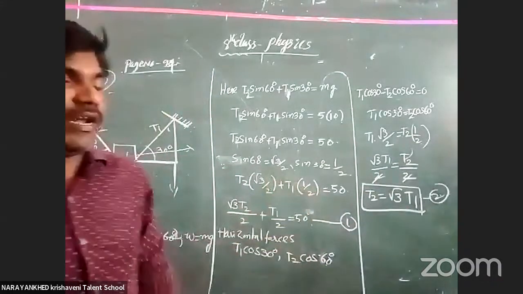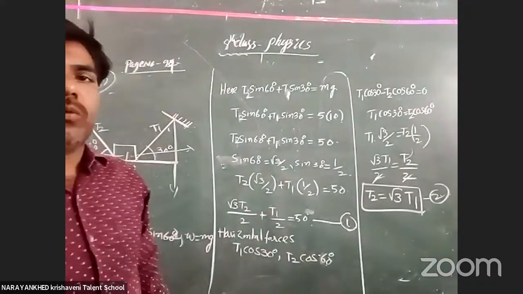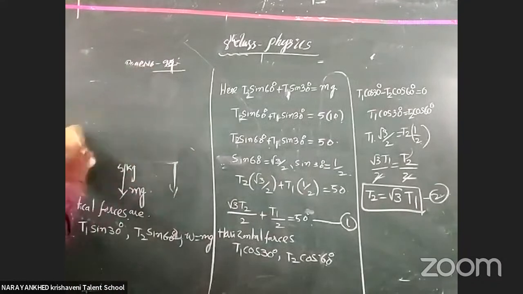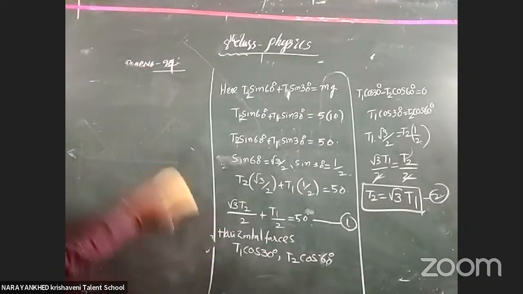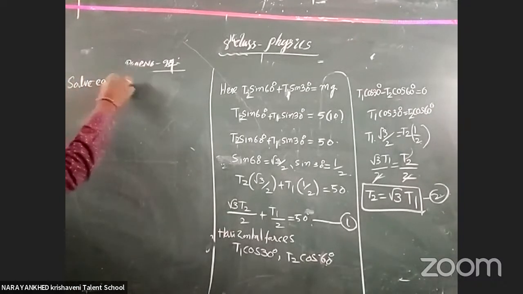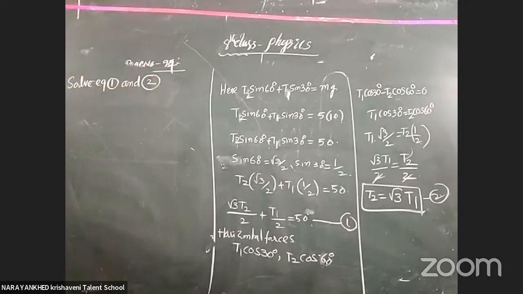Solve equations 1 and 2. Now what will I get? What is the T2 value? What is the T1 value? What do we have to do then? Solve equations 1 and 2. How to solve it?